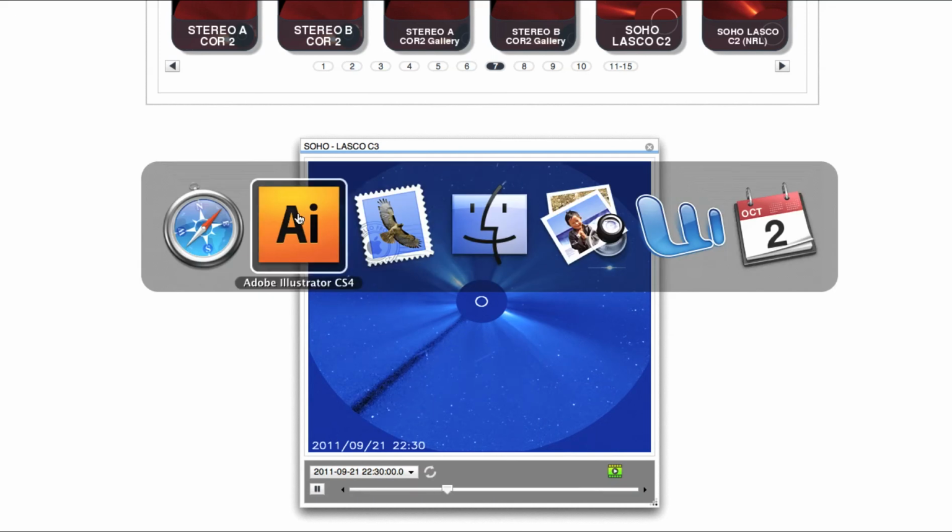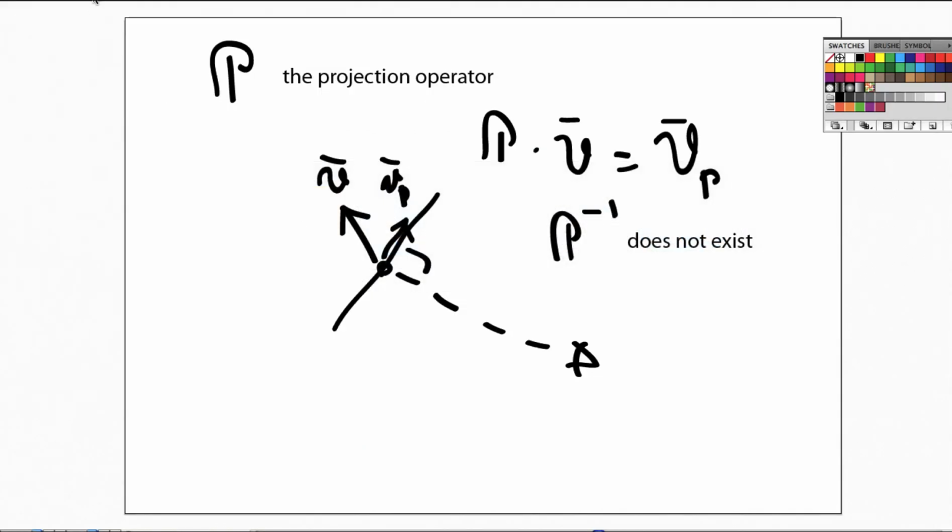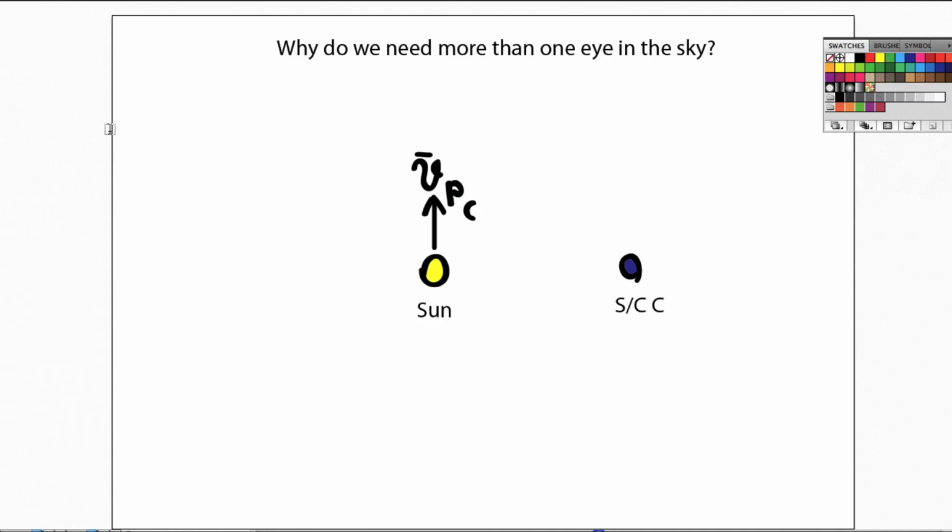A little bit more mathematical expression of the same problem is this: if we have the true three-dimensional propagation direction of the CME, V here, it will have the projection VPC here, but we could also have the true three-dimensional propagation V going this way, and it would have an identical plane of sky projected velocity vector.